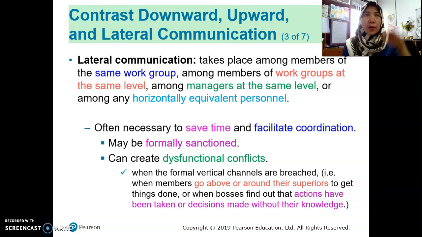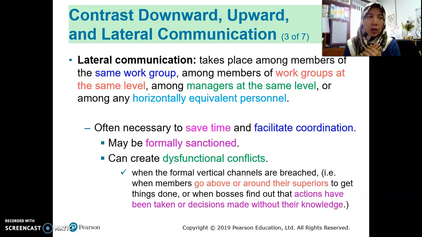If communication goes from top to bottom, normally the superior will have more power. So the employees at the lower level will just receive the information. In upward communication, from lower level to higher-ups, normally the manager will just listen.